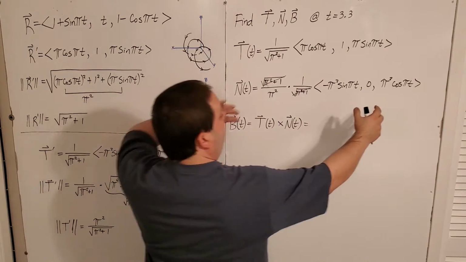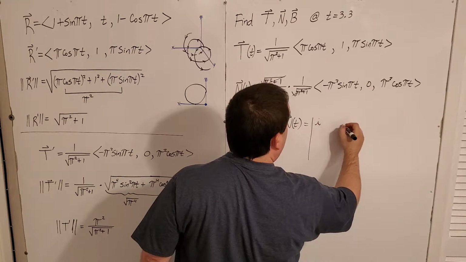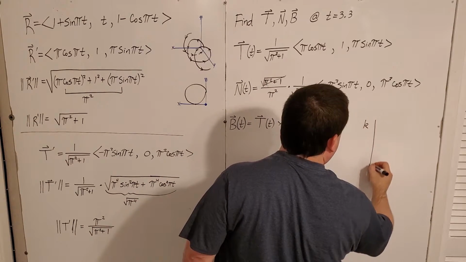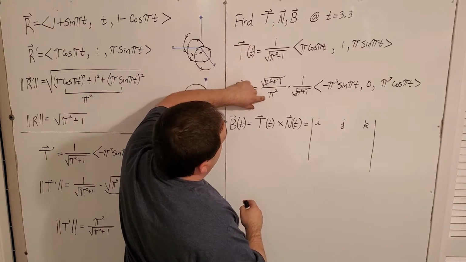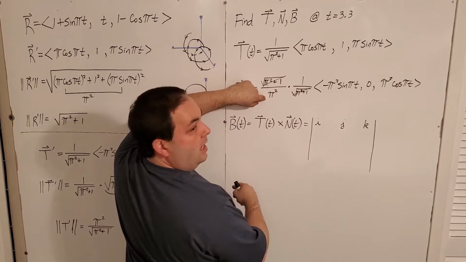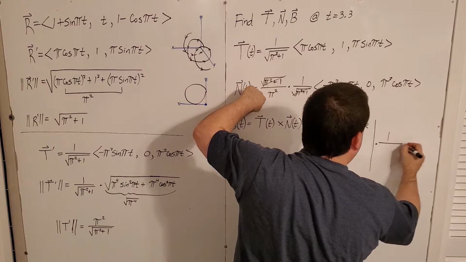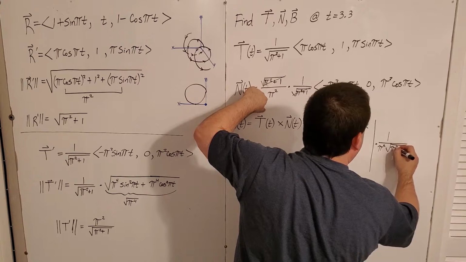So also with determinants, remember what we're going to do here is a determinant. I, J, and K. And I can just pull out the two lengths outside of it there, right? So times 1 over pi squared times the square root of pi squared plus 1.